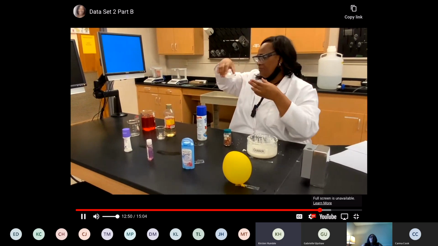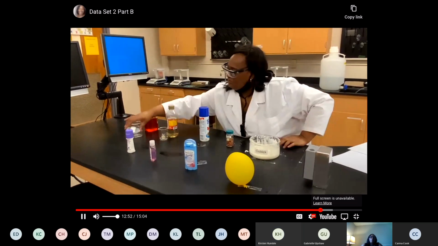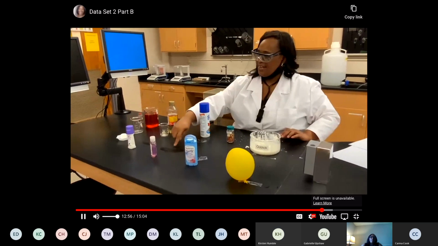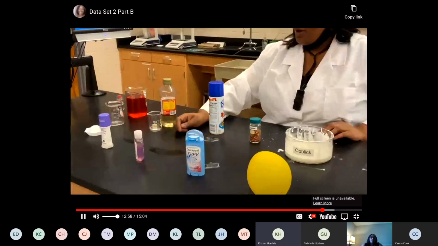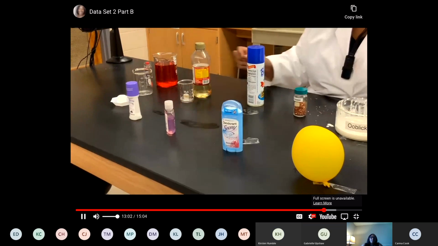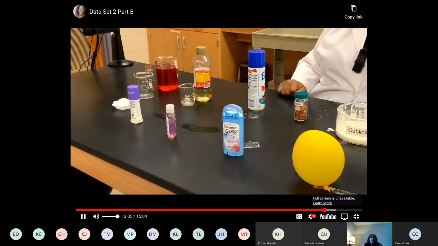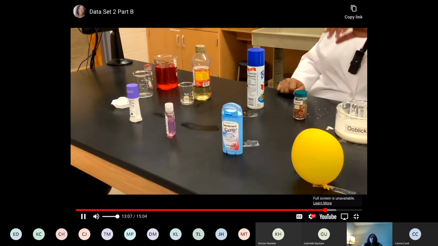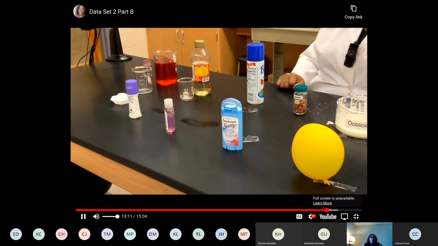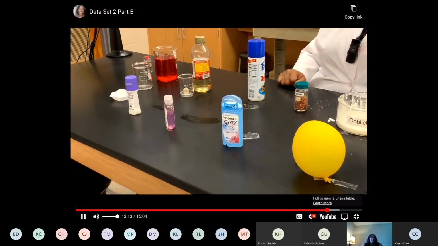And then again, take note of the products that we put on the desk to see if in time they're evaporating. So let's take a look at the hand sanitizer. We definitely noticed that the amount that we initially had is not the same amount that we have now. So some of it has evaporated.